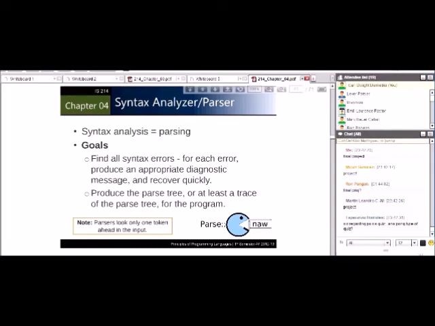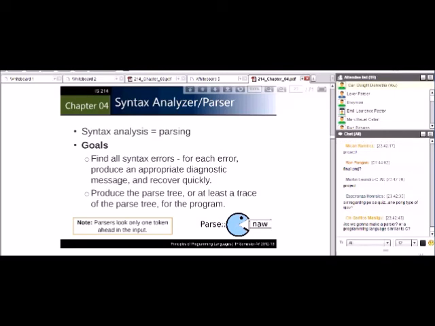And right now, I'm going to tell you about RDP, or recursive descent parsing. Yes, you are going to make your own parser. That's why I'm going to explain this to you, so that you'll know how to make your own parser. And to make your own parser, of course, you have to have a grammar first. Chapter 3, grammar. You have to formulate your grammar for your own programming language.